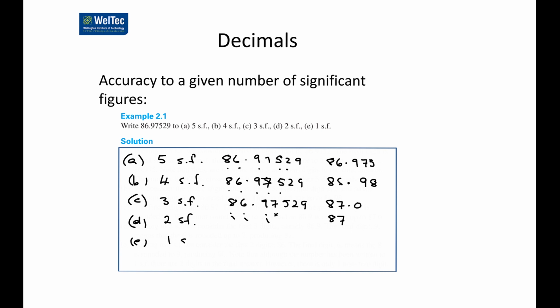To one significant figure, we're just going to look at the first two digits, and we note that the second one is greater than halfway, so that means we're going to round up the previous one, and so it would be 90. Yes, there are two digits in the answer, but there's only one that's non-zero.